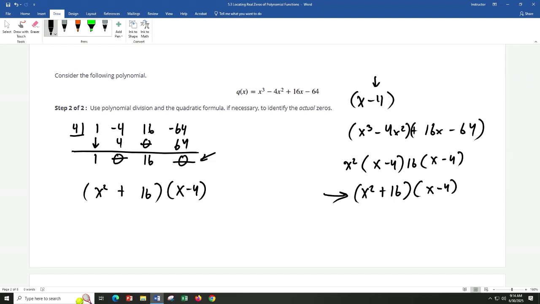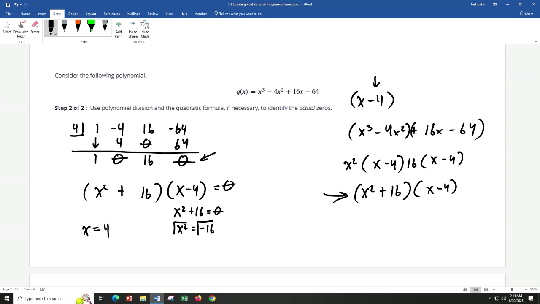Now, hear me out. This is one of the nice ones. Because guess what? That's factorable for you right now. You can do this. You have all the skills necessary to factor a quadratic. I hope so. Because now we're going to make this whole thing equal to 0, and we're going to get x is equal to 4. We know that. If I look at x squared plus 16, make it equal to 0. Notice I get x squared is equal to negative 16.